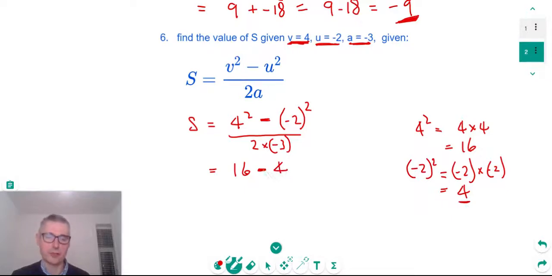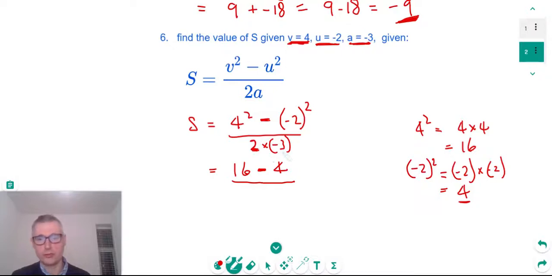So the top line of this fraction becomes 16 take away 4. And I'm now going to work out the bottom line of the fraction. So when you have fractions, actually, it's a good idea to work out the top line and the bottom line separately, and then work out the answer after you've done that. So we've got 2, positive 2 that is there, times by -3.